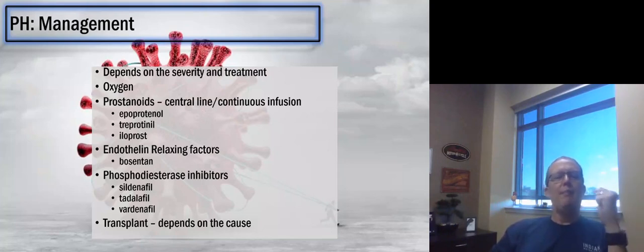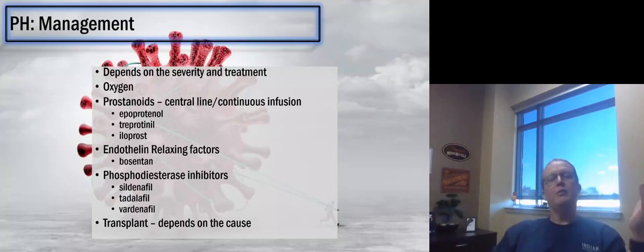So obviously, management of pulmonary hypertension is going to depend on the severity, and that severity is going to guide the treatment. So oxygen will be a component of this, relative to how much oxygenation issue they're having.